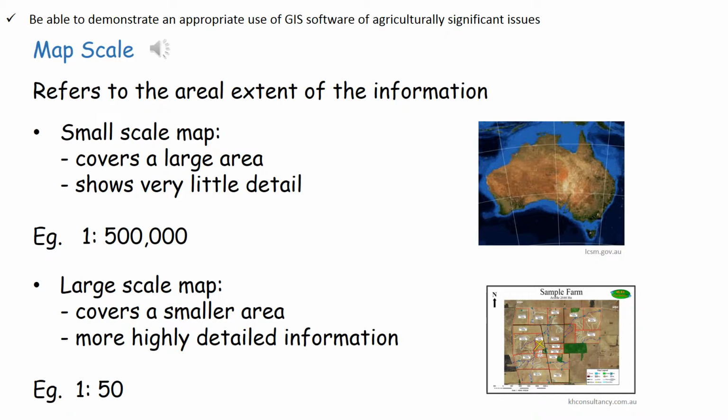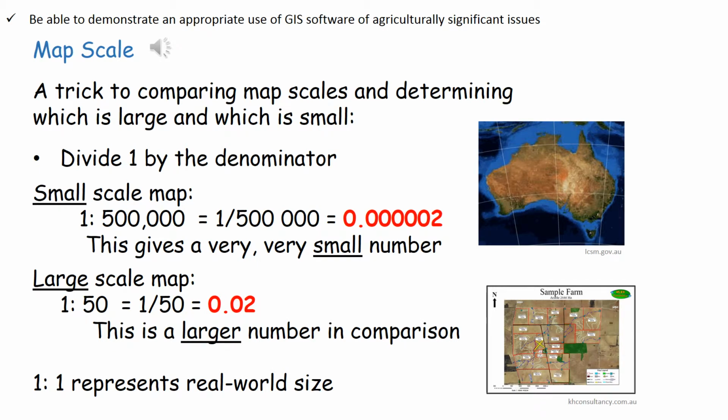And with respect to scale, the number on the right hand side of the ratio is typically much smaller. It could be 50, it could be 100, it could be 1 to 125,000. It's generally a much smaller value than a small scale map.